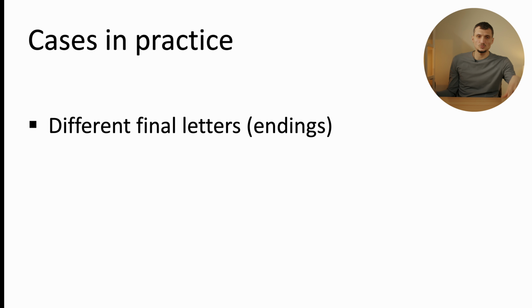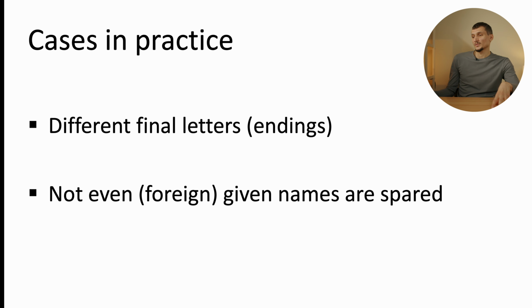So what are cases in practice? It's the same word, but only slightly different, with slightly different last letters, and we call last letters endings. So not even foreign given names are spared. So not even names that are not of a Slavic origin are spared.